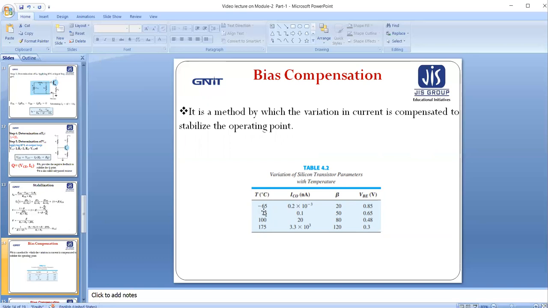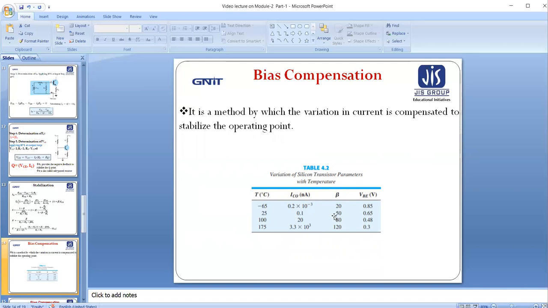At minus 65 degrees centigrade, the IC naught was set at 0.2 into 10 to the minus 3 nanoampere for a silicon transistor, whereas its beta was 20 and VB is 0.85 volt. But when the temperature is increased from minus 65 to plus 25, it is very surprising that IC naught increased to 0.1 nanoampere.